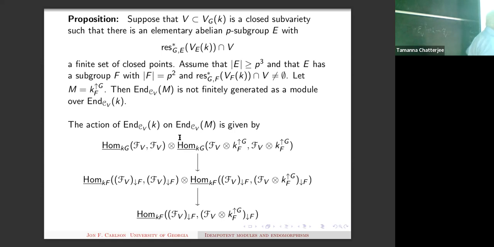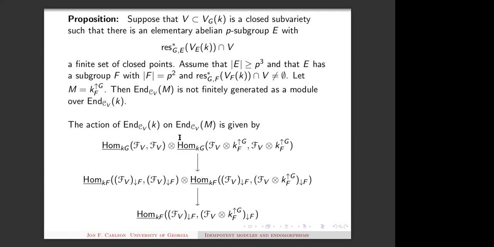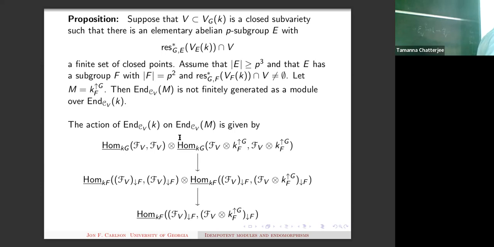But my conjecture is that in a sufficiently complicated case, like where the variety is the variety of an ideal generated by more than one element, say codimension 2, you're going to get finite generation only if the module is either contained in that subcategory, or its support variety is actually disjoint from the variety that defines the thing. I think that's the only case that this is going to happen.